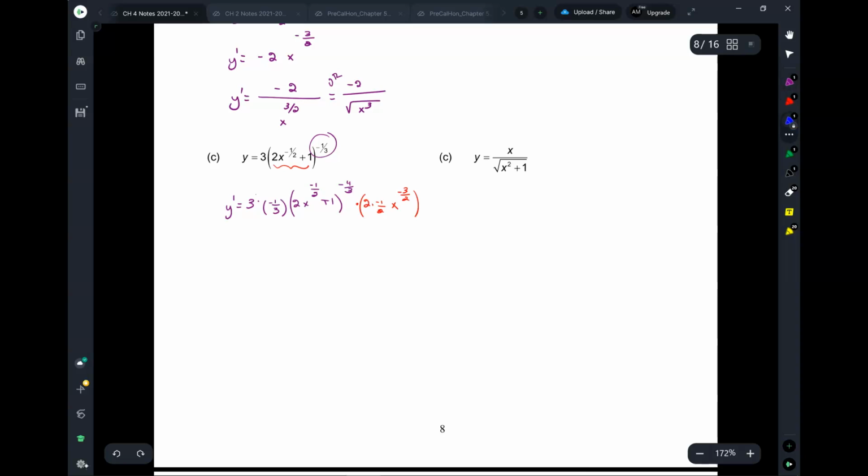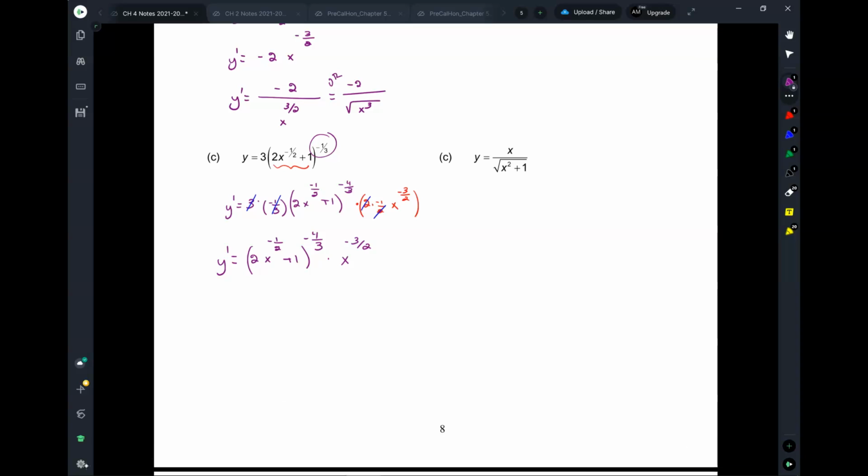Okay, the beautiful thing is these go away and these go away, and each had their own negative, even those go away. So we're left with 2x to the negative 1 half plus 1 to the negative 4 thirds, x to the negative 3 over 2.